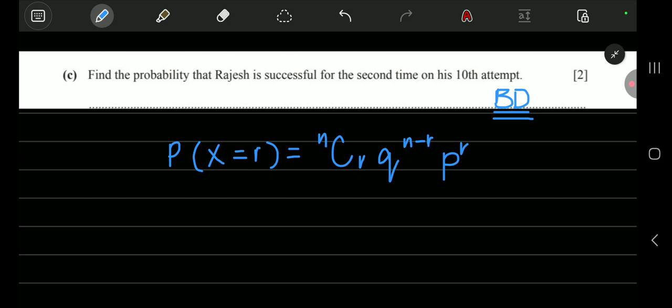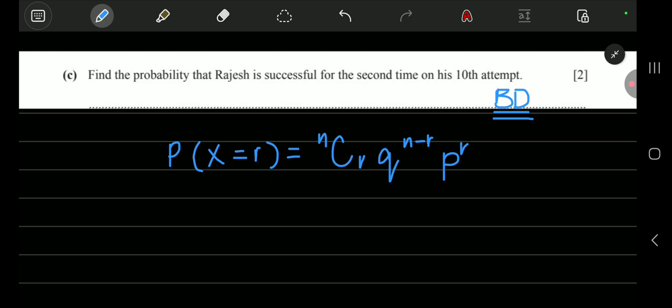As he is getting his second success on his 10th attempt, we are sure of it. Okay, on the 10th attempt he has 0.3 probability of success, so that is the success. But out of the rest of the 9, he got one success and we don't know at which point.